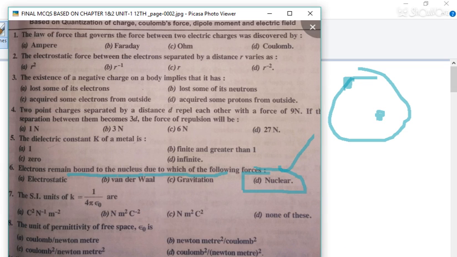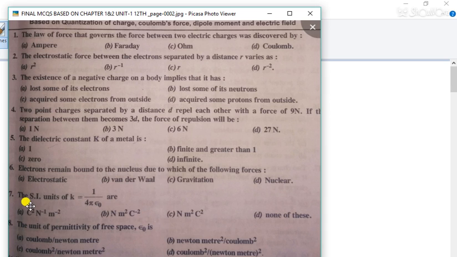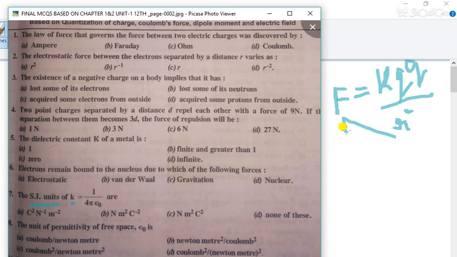Next question. The SI unit of K, 1 by 4 pi epsilon naught. It is asking about the SI unit of K. By Coulomb's law, F is equal to, I am not writing 1 by 4 pi epsilon naught here, I am writing K into Q by R square. Here force is in Newton, so this R square will be multiplied on this side.